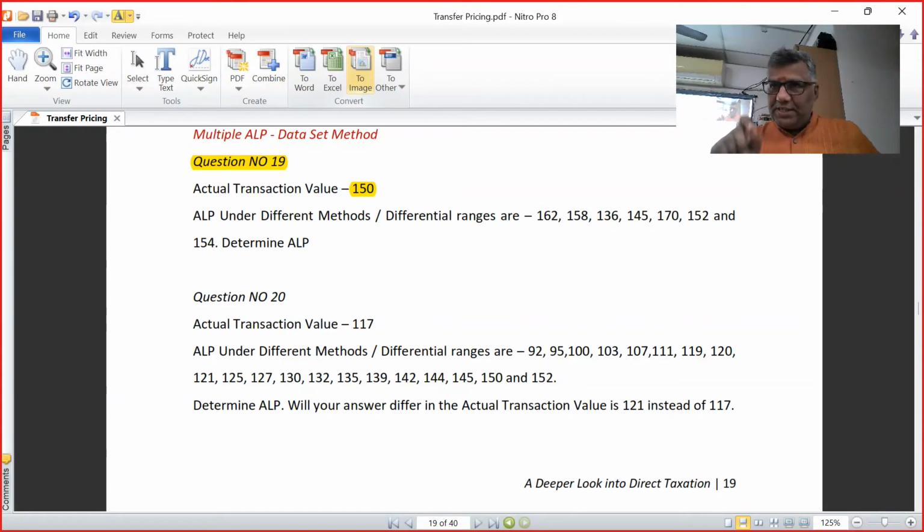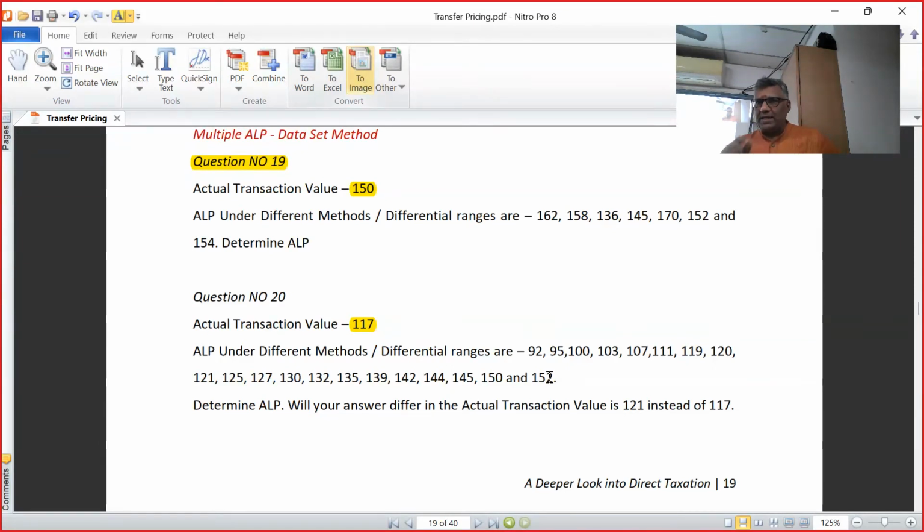Question itself is in ascending order. Actual transaction value 117. Ranges are 1, 2, 3, up to 20. 20 values, it is in ascending order.